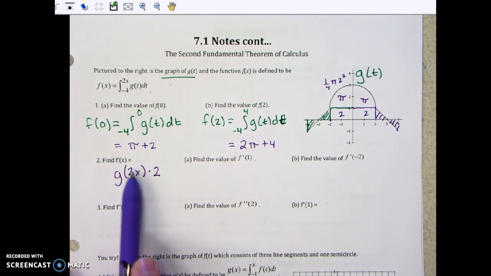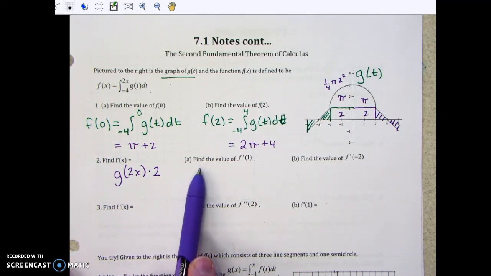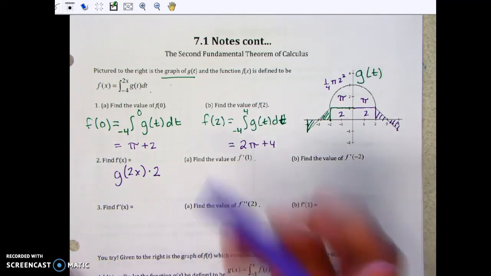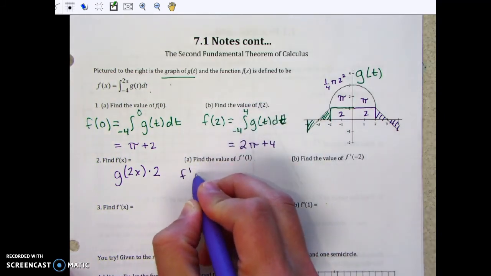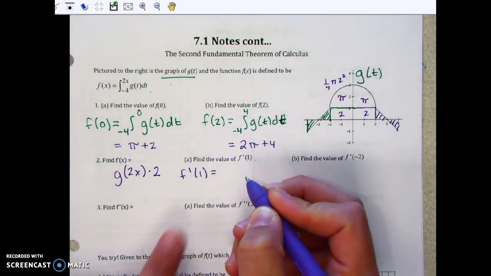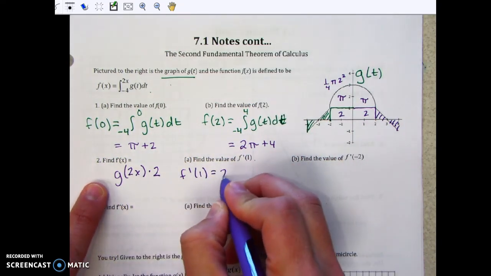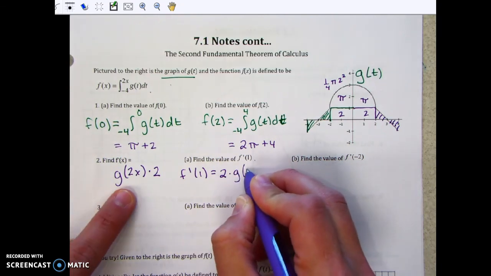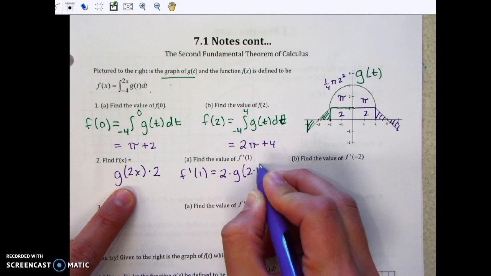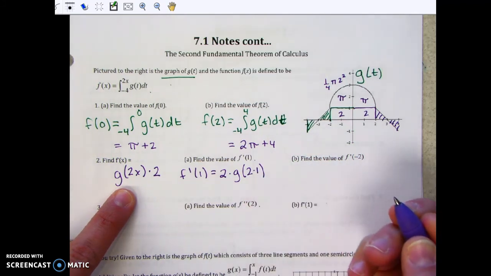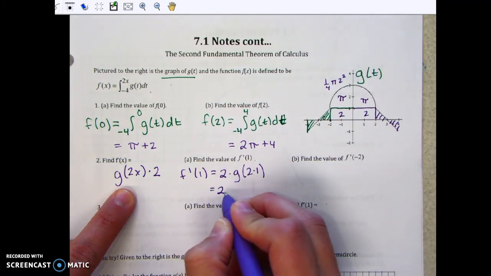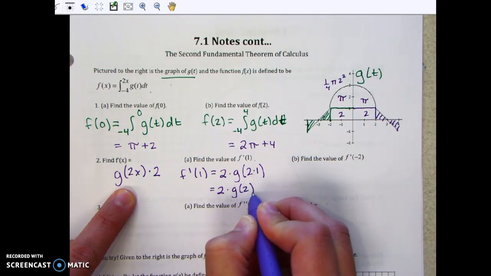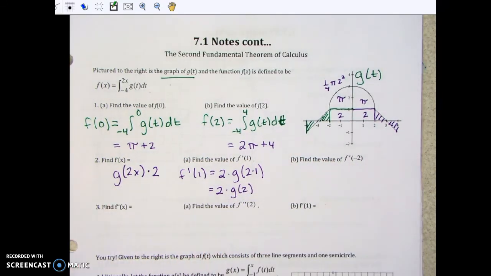Now that we know that this is f prime, A says find the value of f prime of 1. F prime of 1. So f prime is now equal to this silly function, 2 times g of 2x, which is 2 times 1. So 2 times g of 2. Where do we find g of 2?